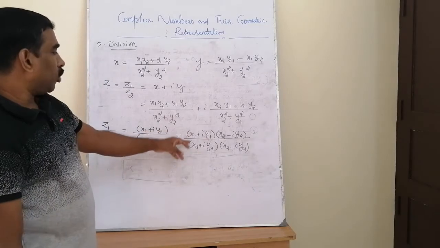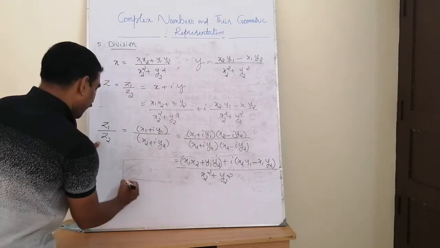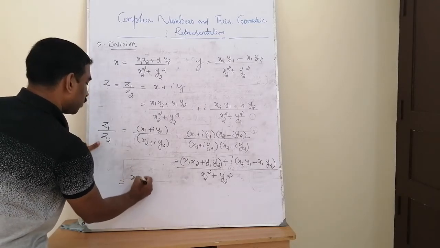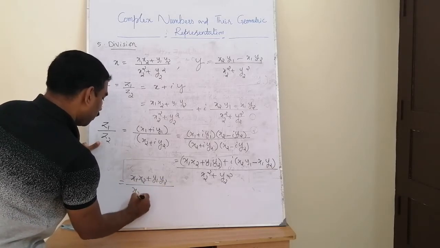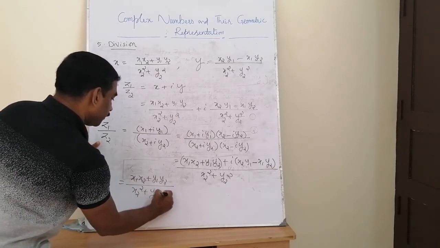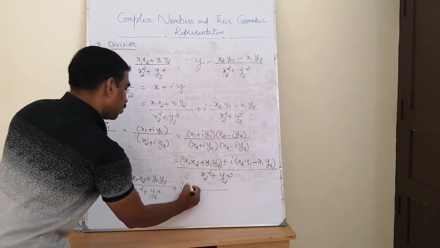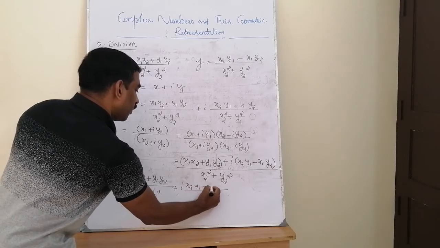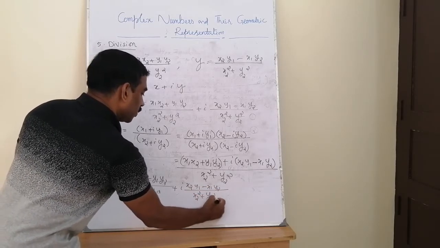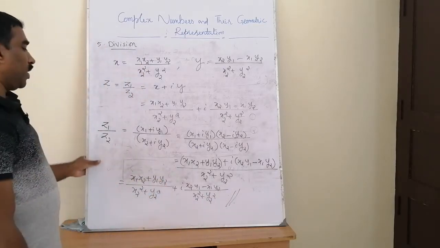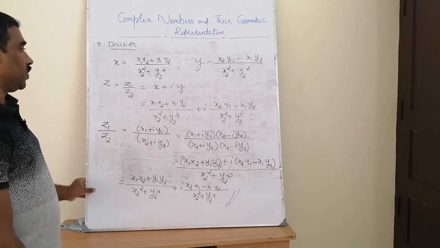After expanding this numerator and denominator, we see that the same result is obtained. Separating real and imaginary parts, the real part is (x1 x2 plus y1 y2) divided by (x2 square plus y2 square) plus i into the imaginary part (x2 y1 minus x1 y2) the whole divided by (x2 square plus y2 square). So this is the technique we will apply for computation of the quotient z1 by z2 whenever z2 is not equal to 0.